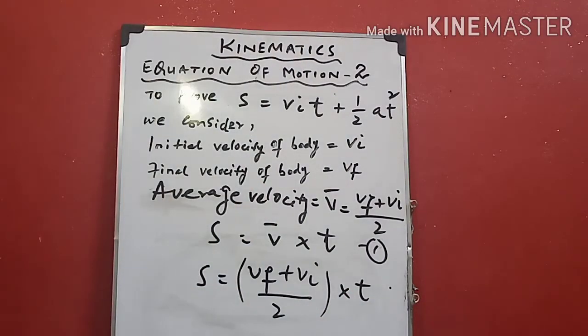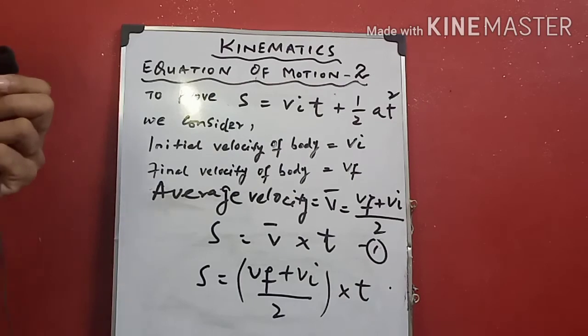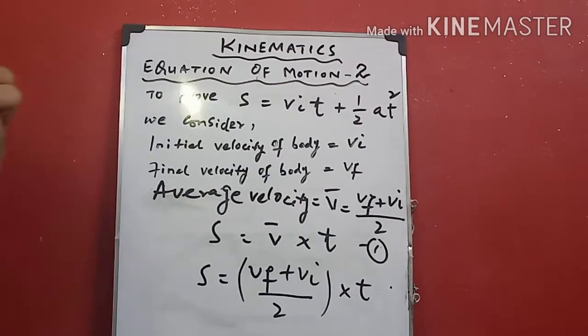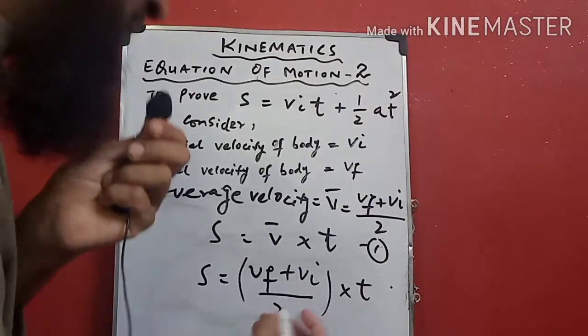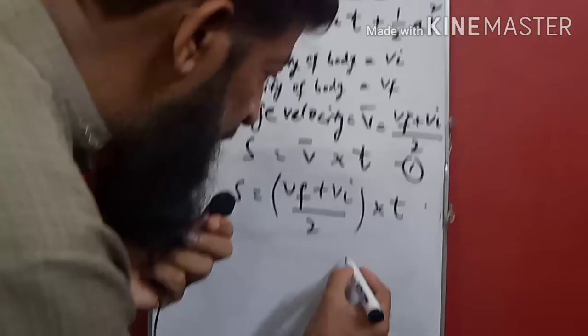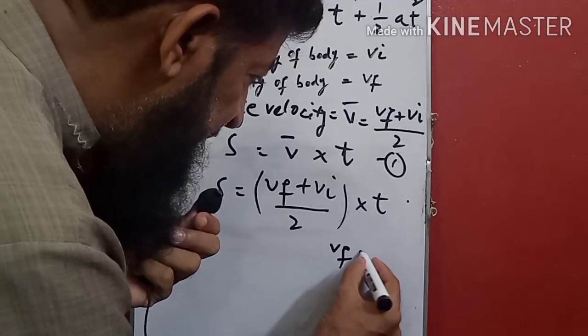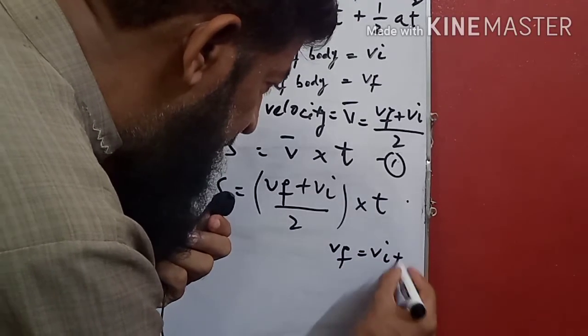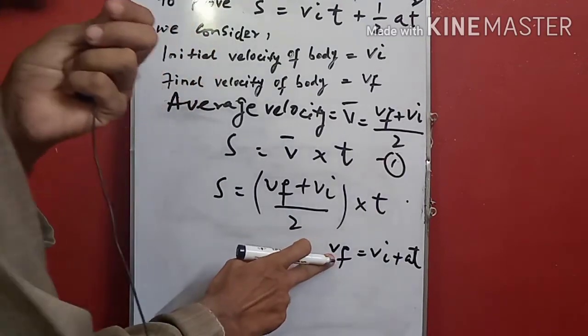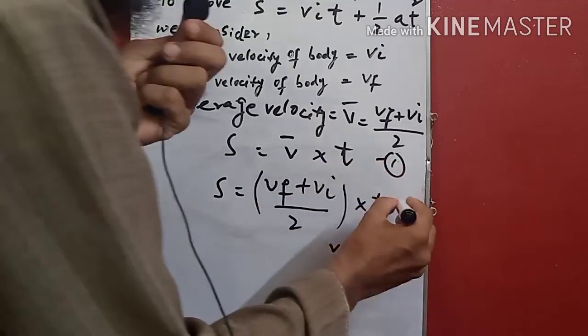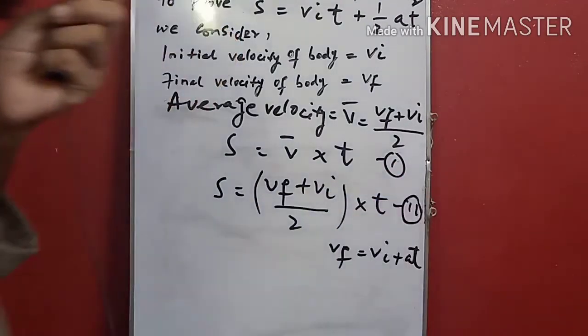But as per the first equation, which we proved already, Vf equals Vi plus At. We put the value of the final velocity in equation number 2.